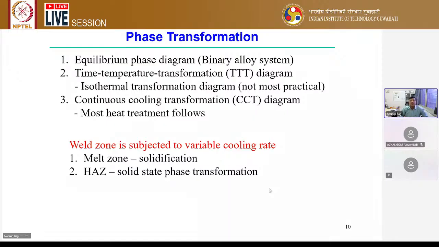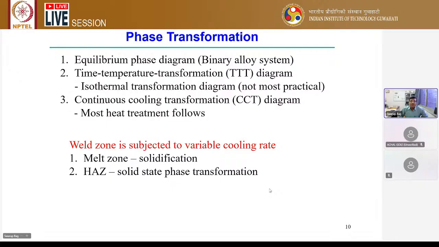Here we get the information about at what composition, what kind of phases exist in a binary alloy system. If you remember, the x-axis represents the composition and the y-axis represents the temperature. So at a particular temperature and composition, what phases exist for a binary alloy system, we can get from the equilibrium phase diagram.